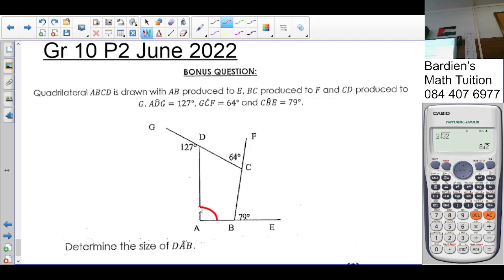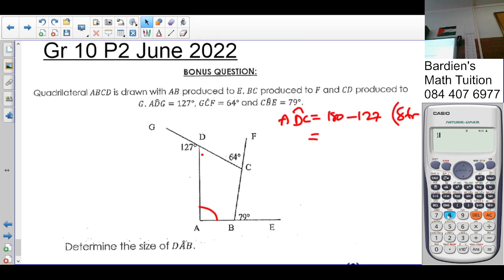So of course this angle here can be worked out. ADC is equal to 180 minus 127, that's angles on a straight line. So that is 180 minus 127 gives us 53 degrees.